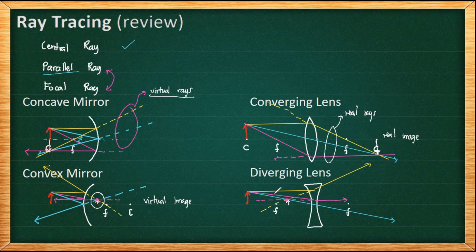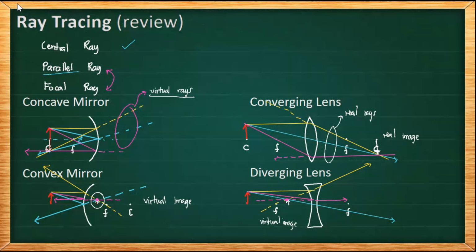And for the diverging lens, these are virtual rays intersecting, so you have a virtual image. Another way of describing a real image is that it is something that you can project onto a screen. Otherwise, if you cannot do that, then that is a virtual image.